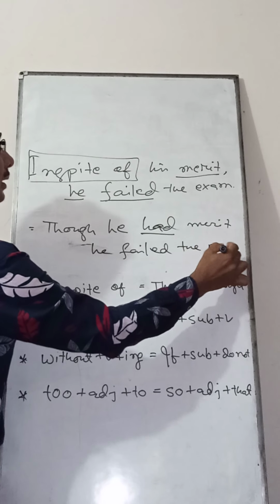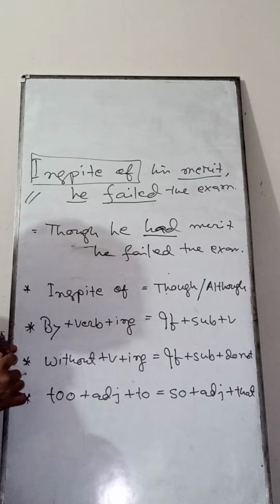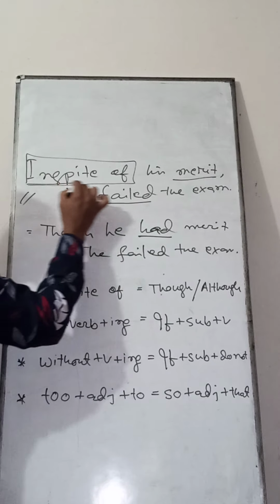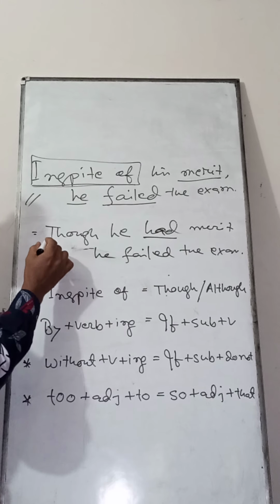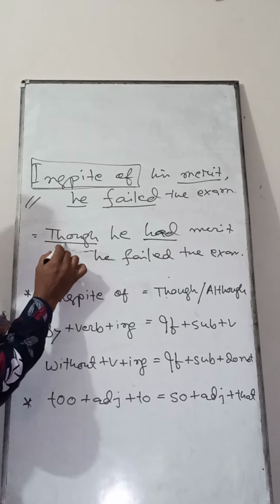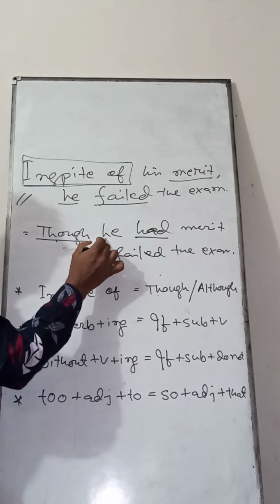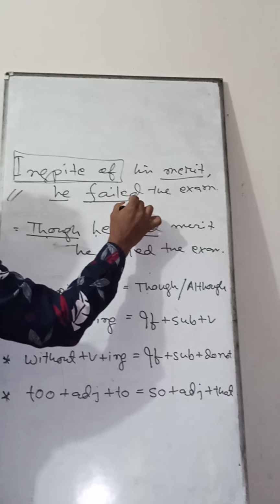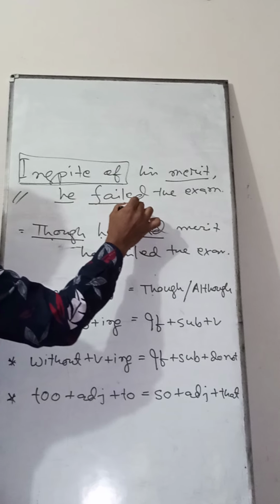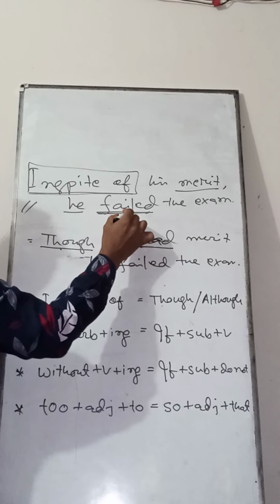the exam. I am repeating this structure again. If you find in spite of, you have to transform this sentence from simple to complex by adding though or although. And you have to write down though, then add the subject, and this is the past form of this verb.